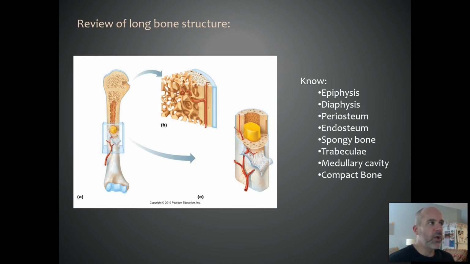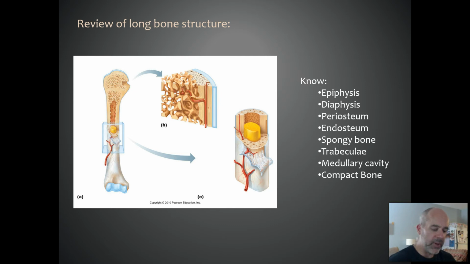Okay, reviewing your long bone structure. So one thing you want to do, on the physiology test, there are questions that use these diagrams from your textbook. So don't just learn the words, be sure you're putting the terminology, these words and phrases, to an actual structure that you can identify on a diagram so that you actually understand what those are.